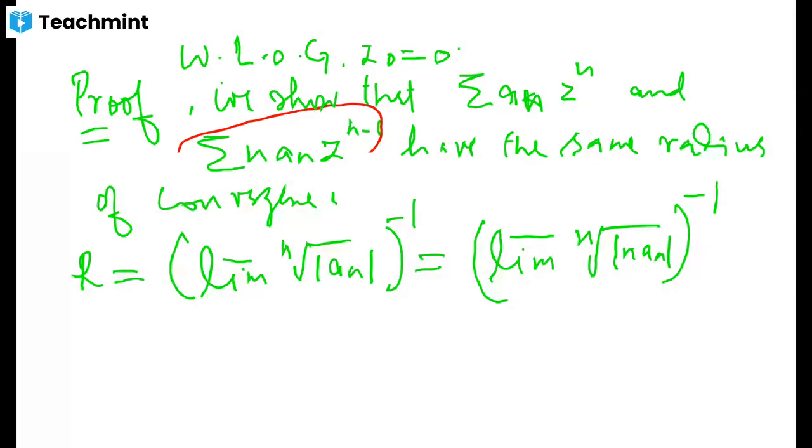And the first one is the radius of convergence of the first power series, a_n z to the power n, and if these two values are equal, then both will have the same radius of convergence.